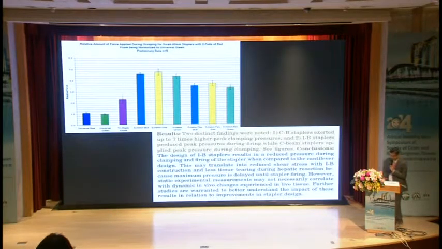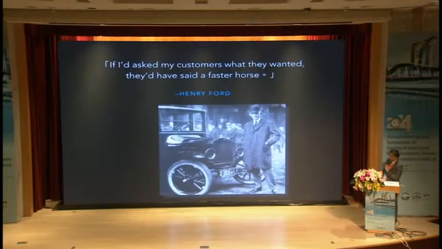Then the study points out that the cam compression stapler has a stronger high peak compression pressure than the I-beam stapler during firing. It's different between the Covidien and the Echelon design.